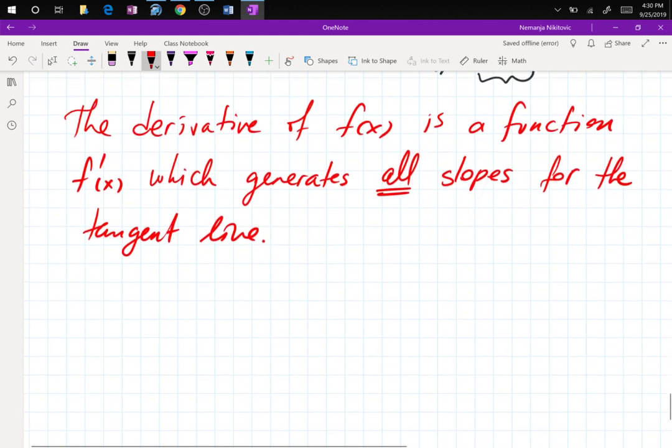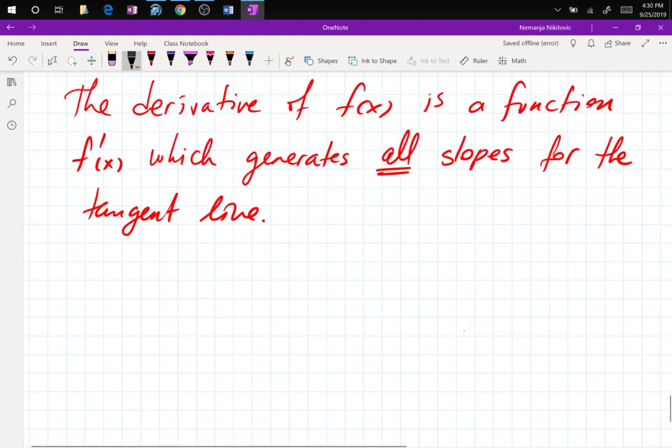So every single point along the function curve f of x is going to have a tangent line, and every single one of those will have its own value for the slope.